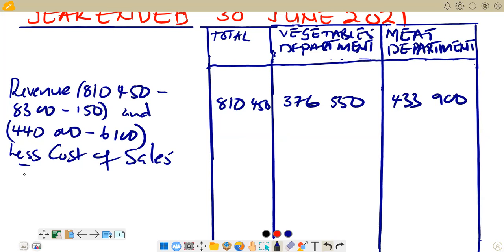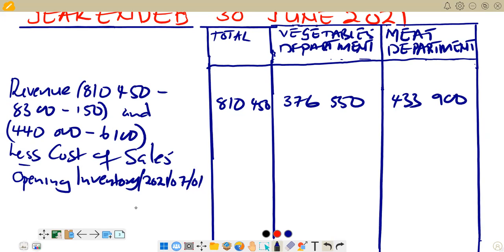So here we're going to start with opening inventory. And remember, it's at the beginning of the year, 2021. I saw by the date that this is the beginning of the financial period, 2021/07/01.